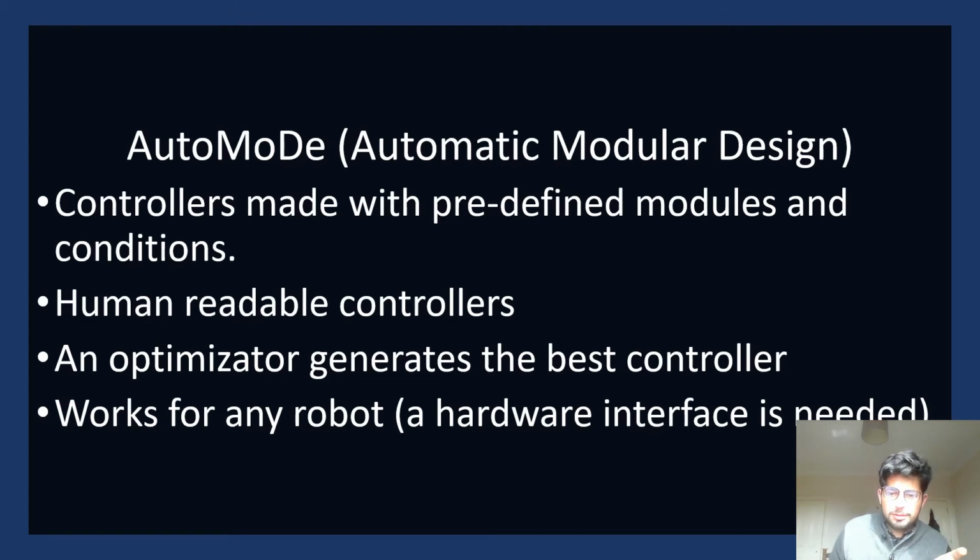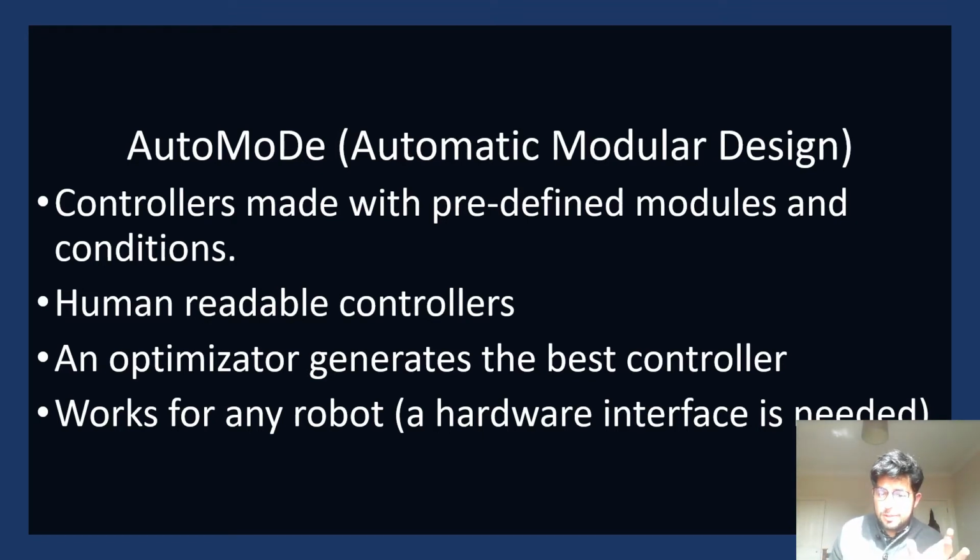As I was saying before, just a brief summary about it. The controllers are made of predefined modules and conditions. The advantage of using finite-state machines and modules like this is that they can be changed easily by humans and we can understand what's going on.